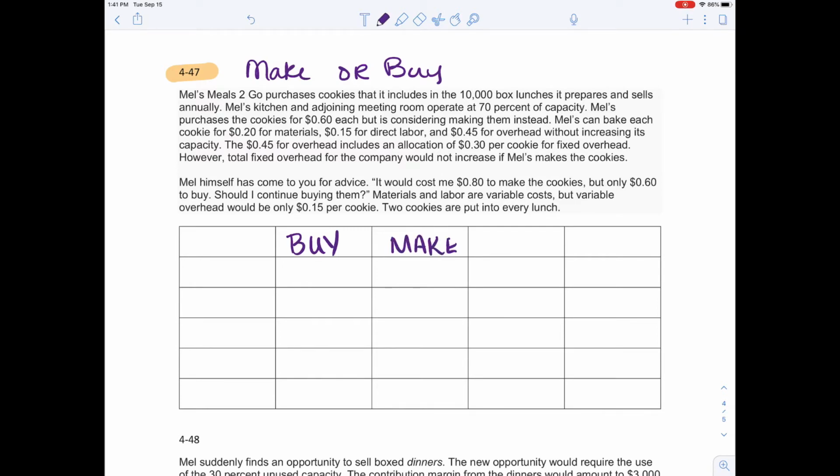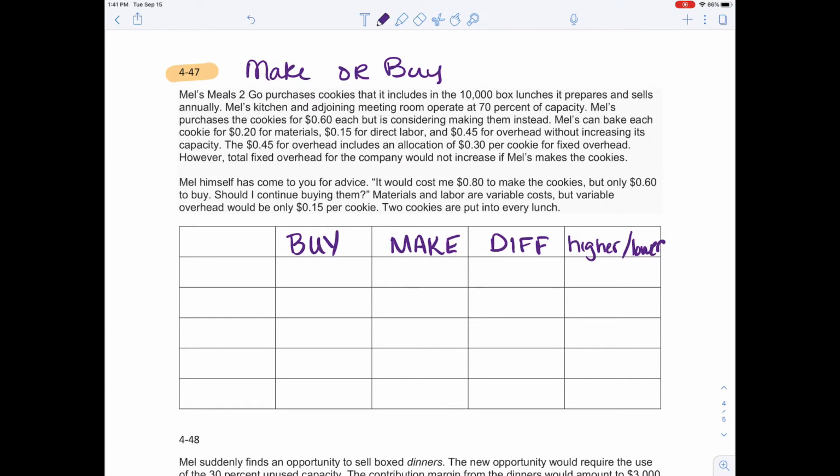What does it look like if I make? What's the difference? And is it higher or lower? There are some other questions that we have to ask ourselves with these types of decisions, which we'll get to later.